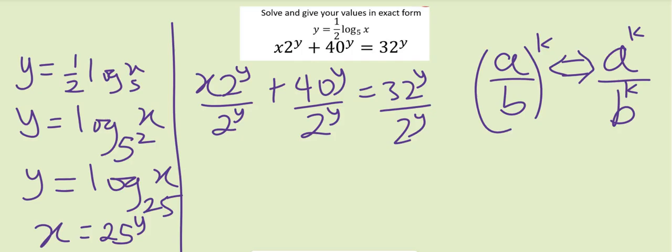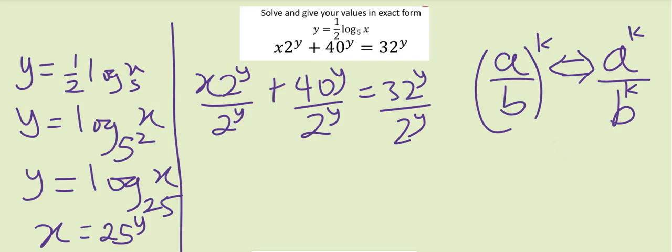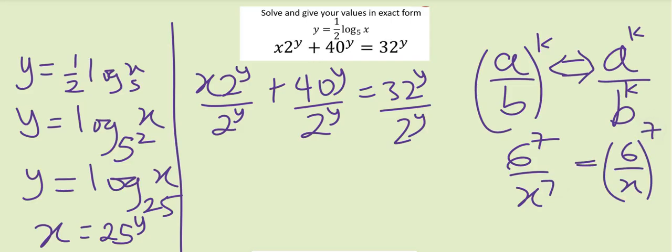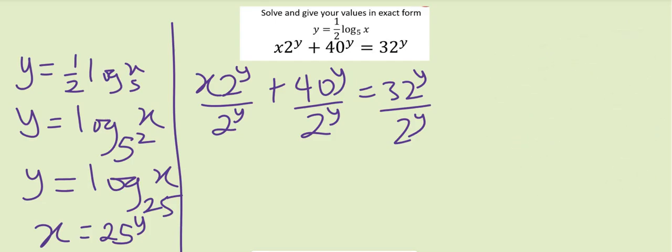Let me use a number: if I have, let's say, 6 over x to the power of 7, this should be 6 to the power of 7 over x to the power of 7. Everything inside takes a bracket. Also, if I have 6 to the power of 7 over x to the power of 7, this is the same as 6 over x, everything to the power of 7. So that's what I'm going to do. I'm going to make use of this law to express this.